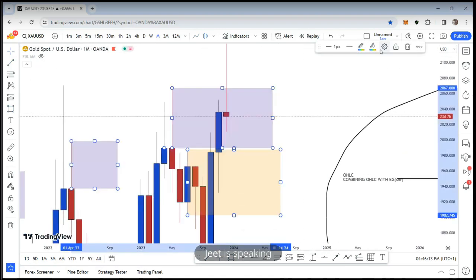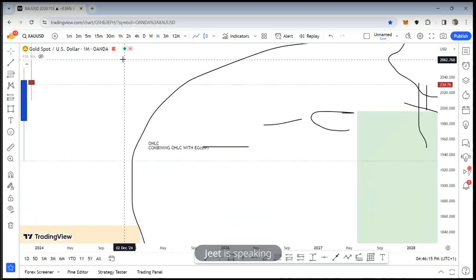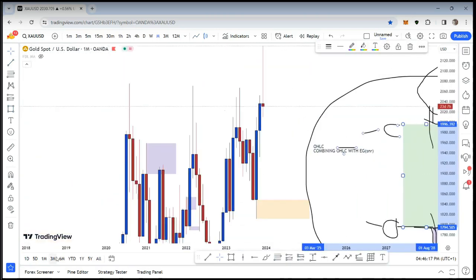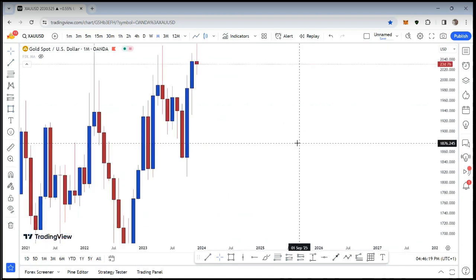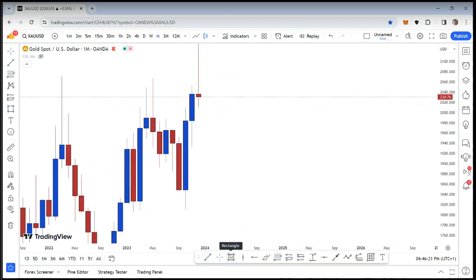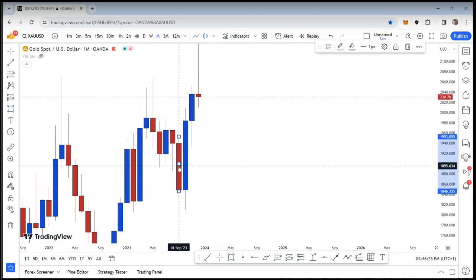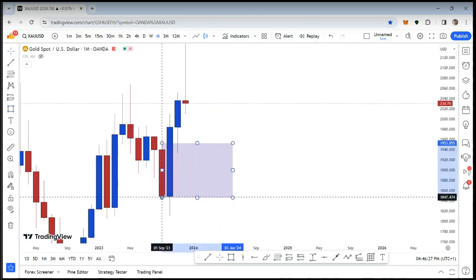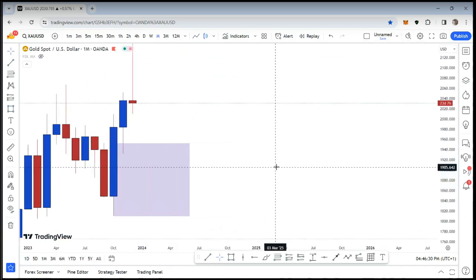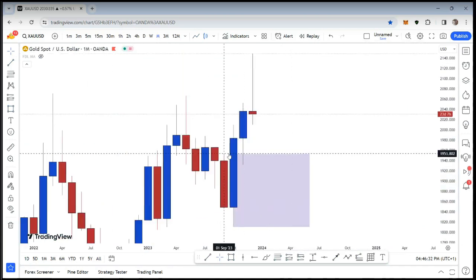So when I'm combining engulfing and resistance as a whole, I'm not drawing the entire thing, I'm not drawing this. I am drawing this. Does it make sense?